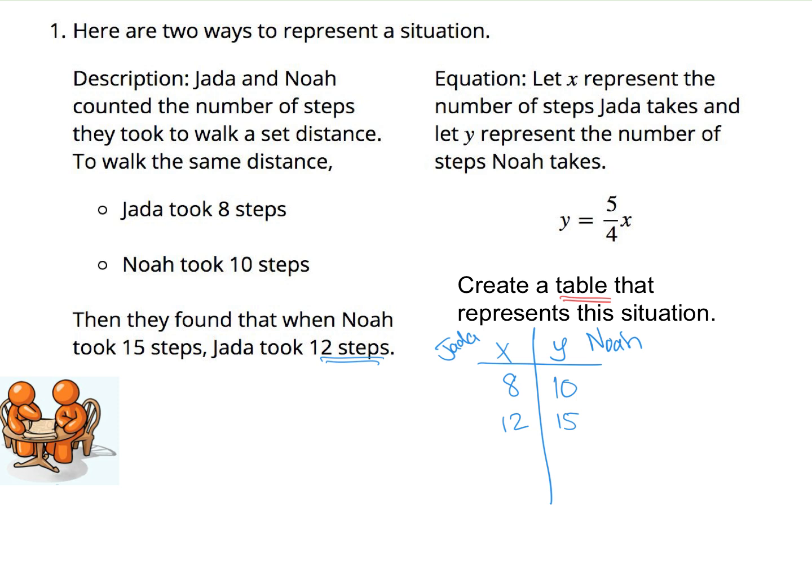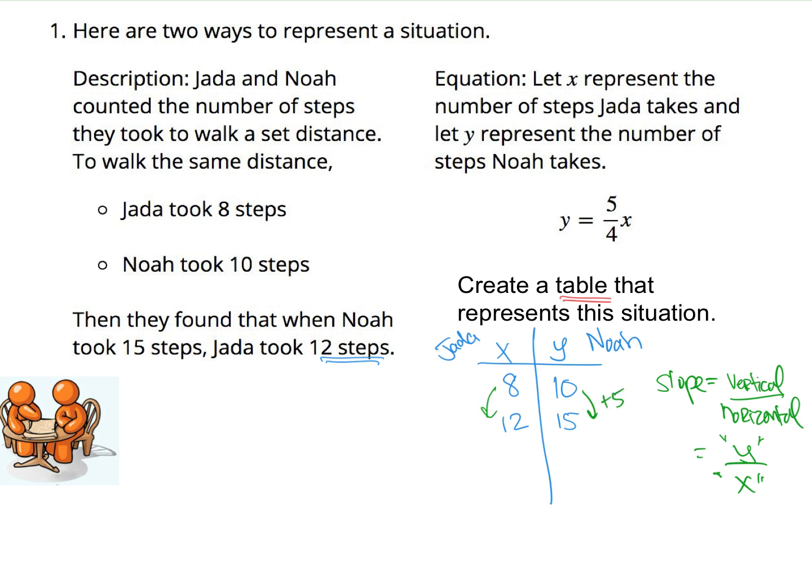So what we want to do is find our slope. Right? We were doing slopes a little while ago. So our slope is our vertical over horizontal. Remember, it's the change of y over the change of x, right? So how do the y's change? Notice how this goes up by 5.